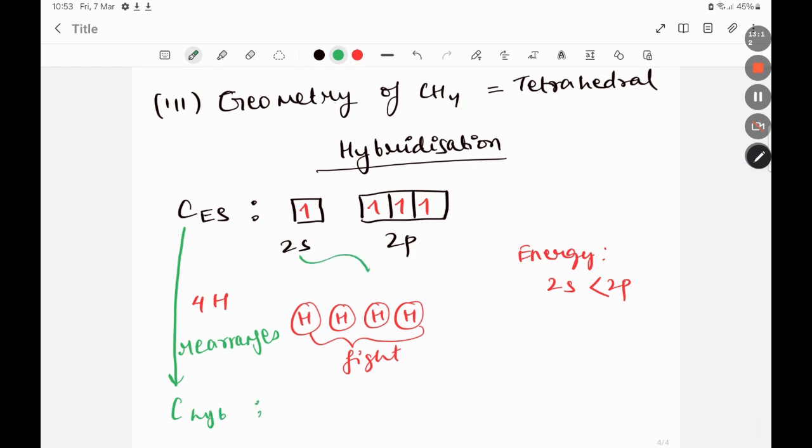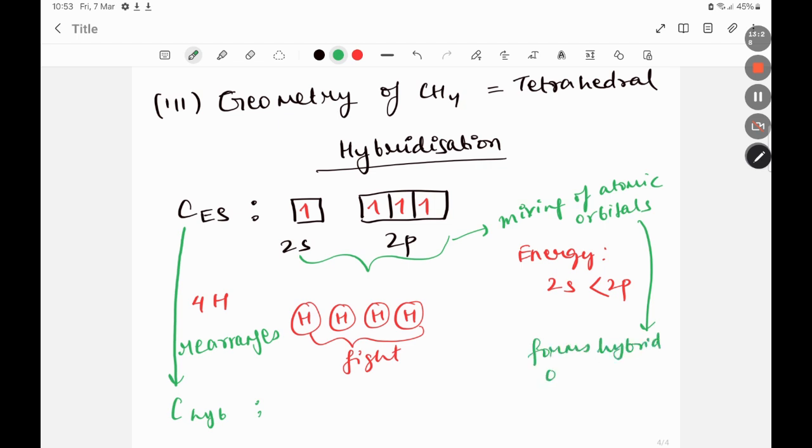So what it does, the carbon mixes 4 of its orbitals, mixing of atomic orbitals, and after mixing its atomic orbitals, it forms hybrid orbitals.